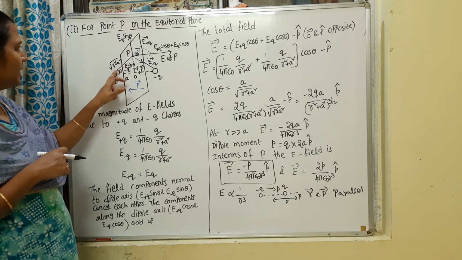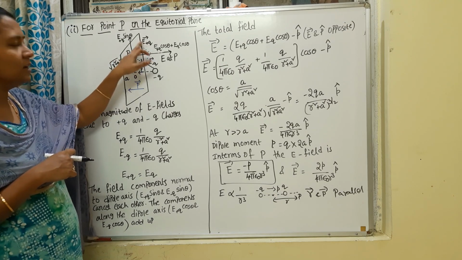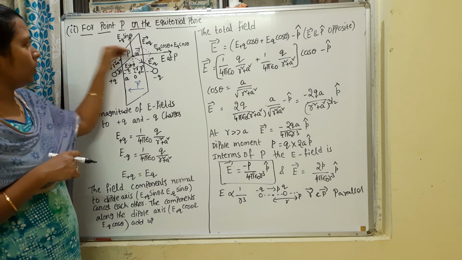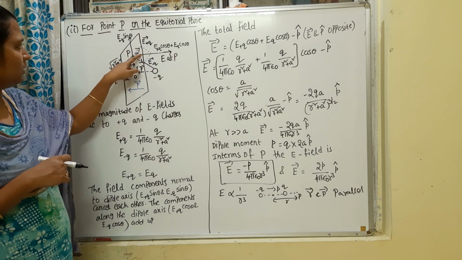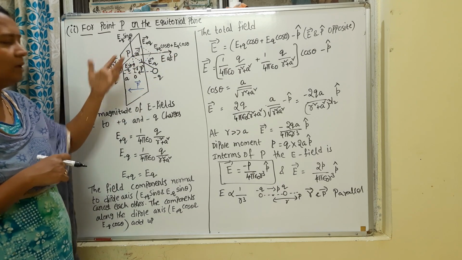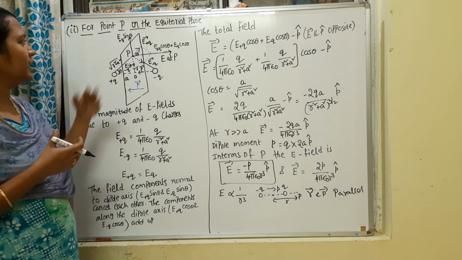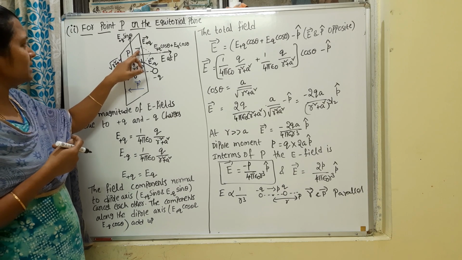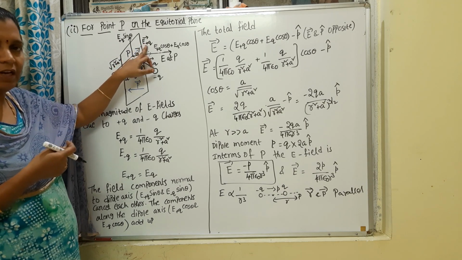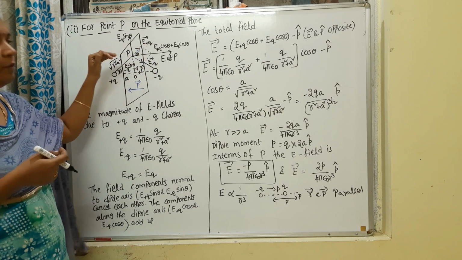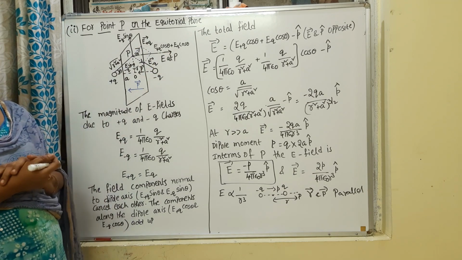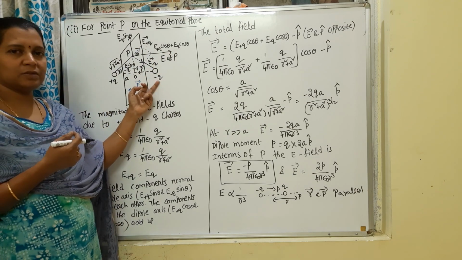Let us consider theta is the angle made by this electric field with the dipole axis. These two we can consider parallel, and we call it the dipole axis, right? So here theta is the angle made by the electric field due to plus Q charge with the dipole axis.